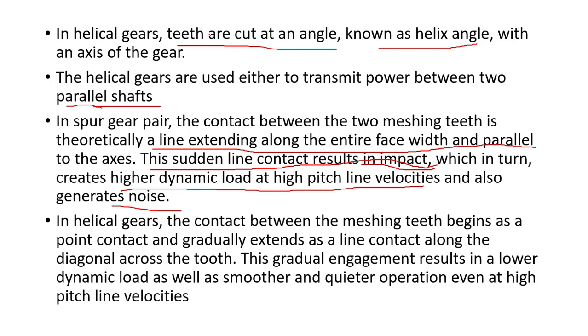As the teeth are cut at an angle, the contact starts at one point and gradually extends to line contact. This reduces the high dynamic load, so the dynamic load in helical gear is low. That's why little or no noise is produced at a high pitch line velocity. That's why we are using helical gear.